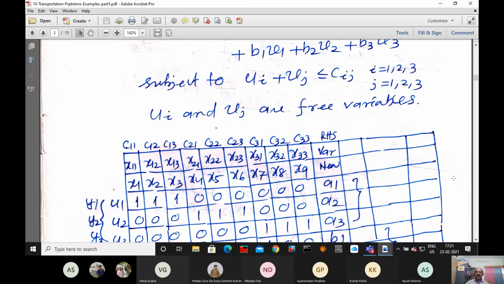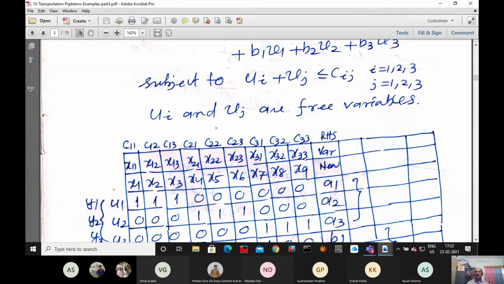Now, if you see the constraints, what is the first constraint? The first constraint is x11 plus x12 plus x13 equal to a1. With the new names, x1 plus x2 plus x3 equal to a1.